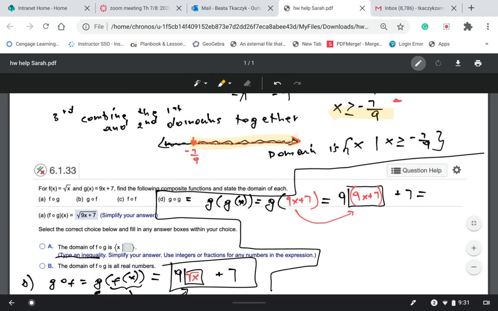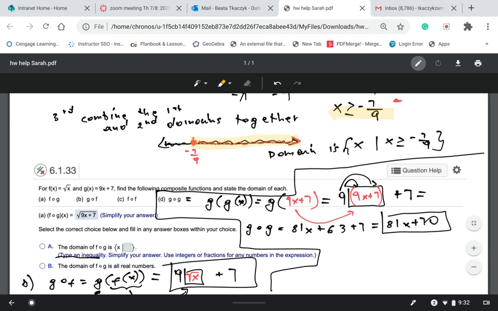So let's simplify this, and G composed with G is equal to 9 times 9x, which is 81x, and 9 times 7, that will give us 63, plus 7, which is on the side right here, and that will give us 81x plus 70. So this is G composed with G.